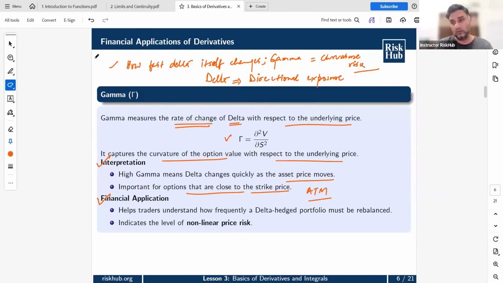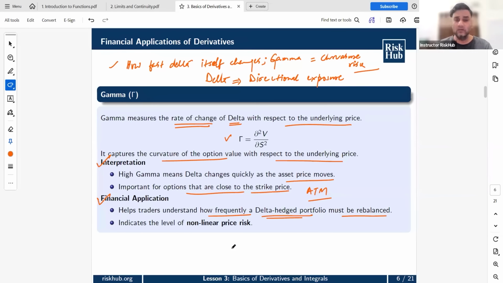Delta is the change in the option value for a change in the price, which is the option sensitivity to price. Gamma is the rate of change of delta. Derivatives are the language of risk. Greeks are simply derivatives applied to finance. And it helps traders understand how frequently a delta hedge portfolio must be rebalanced.